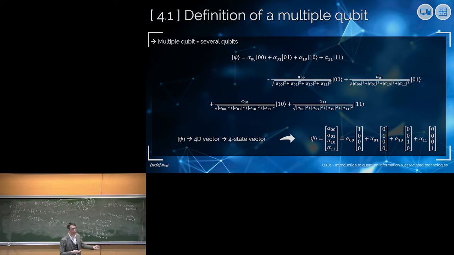Then you have 1, which is 1 times 2 to the power of 0. Then you have 2, where the 1 is on the other one, so it's 1 times 2 to the power of 1. And then you have 1, 1, both together. So that's the way to remember it: we put first the lowest, 0, 0, then 0, 1, 1, 0, 1, 1.